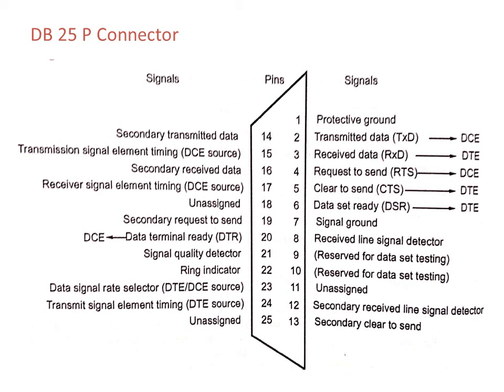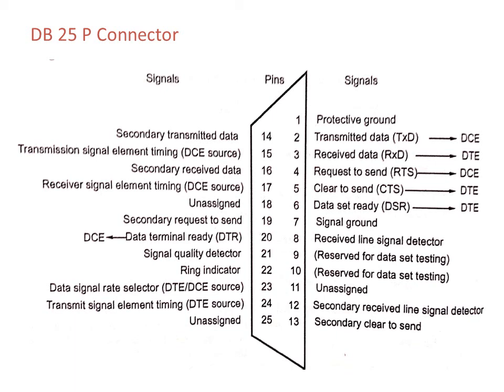Similarly, pin number 4 is request to send, that is RTS, direction is towards DCE, and pin number 5 is clear to send, represented as CTS, direction is towards DTE, and the sixth pin is data set ready, represented as DSR, direction is towards DTE, and pin number 7 is signal ground.